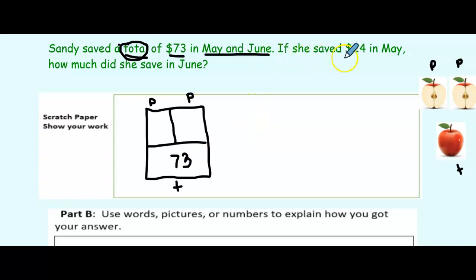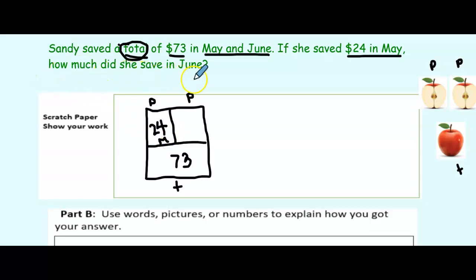If she saved $24 in May, how much did she save in June? Okay, so we know part of that total is $24. So underline $24 in May. And we can write 24 right here. And the letter M can stand for May.